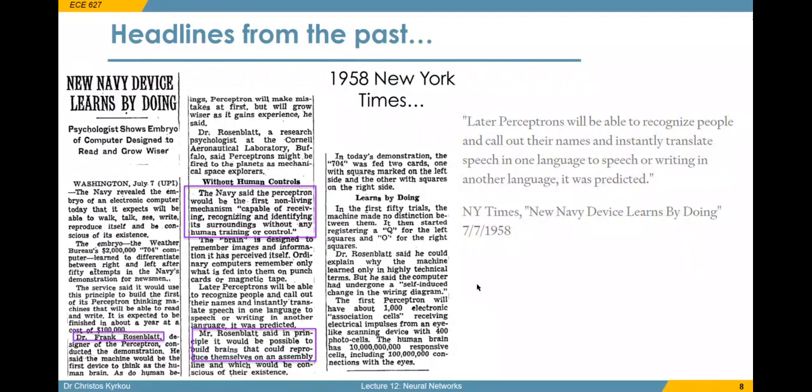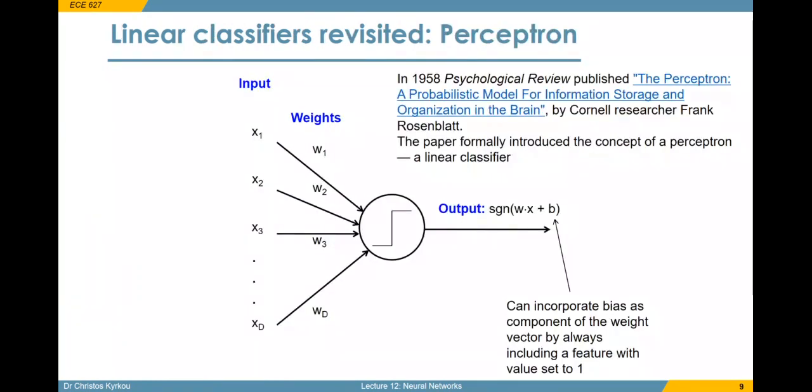And the algorithm in question in this article was the Perceptron, which is a predecessor to the modern neural network. The Perceptron was introduced in 1958 by Frank Rosenblatt. And if you look at it, it's basically similar to a linear classifier.